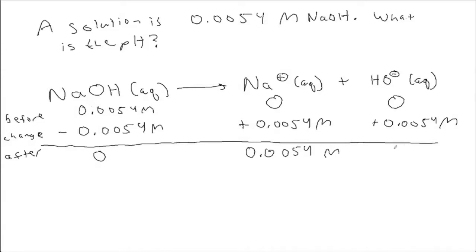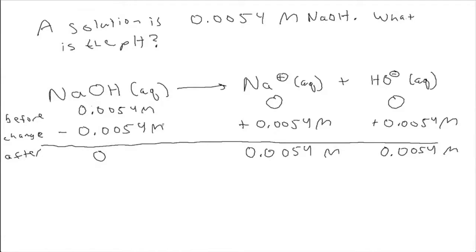And here? 0.0054 molar. Good. Notice we only put pluses and minuses on the change row. The before is always positive, so there's no point putting the positive signs. And after is always positive, so there's no point putting the positive signs. But changes can be positive or negative.